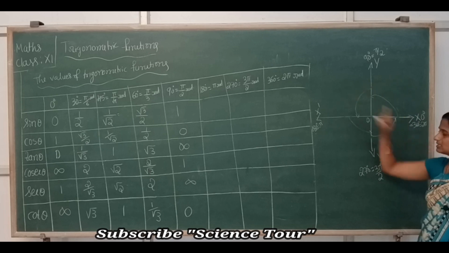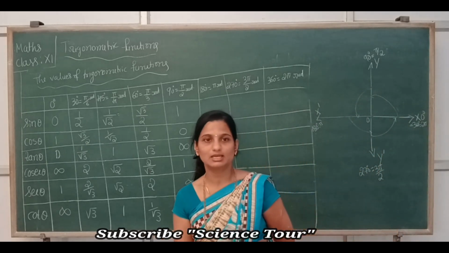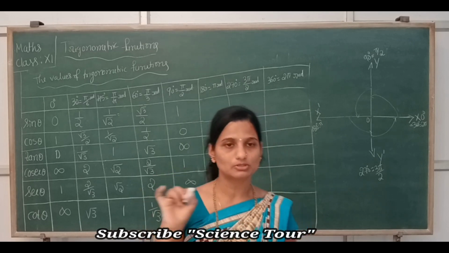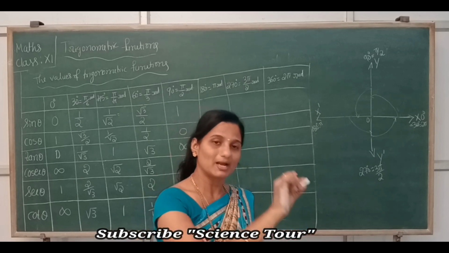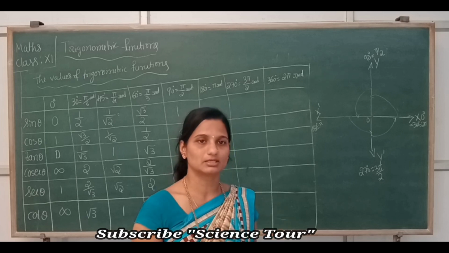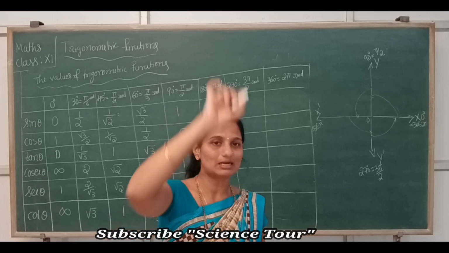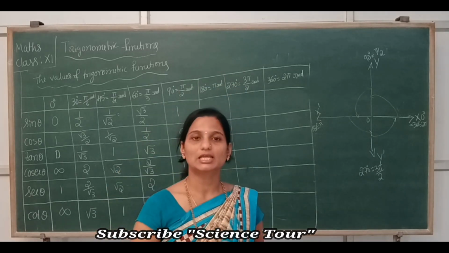First remember these 4 points: 0 degree and 360 degree come on the positive x-axis. Pi means 180 degree, which comes on the negative x-axis. Next is pi by 2 or 90, which comes on the positive y-axis.